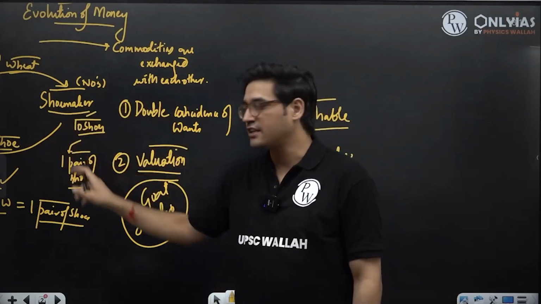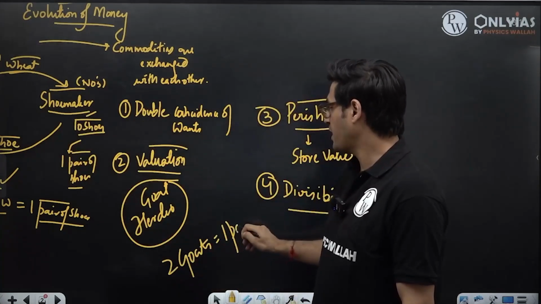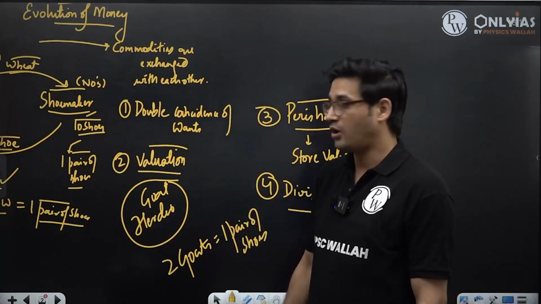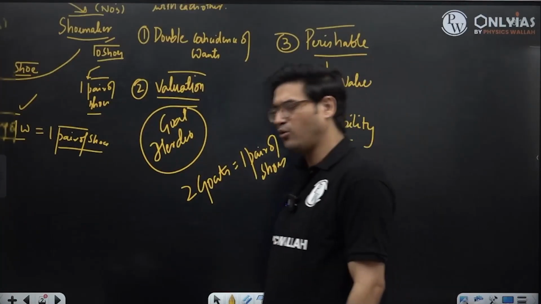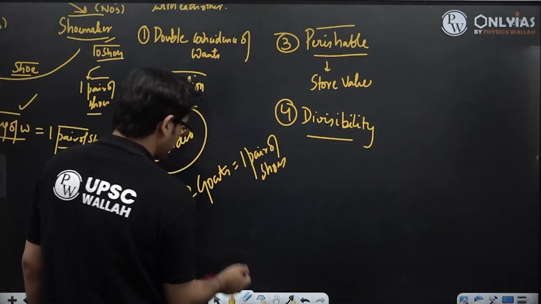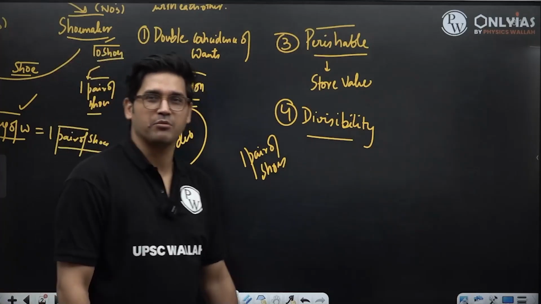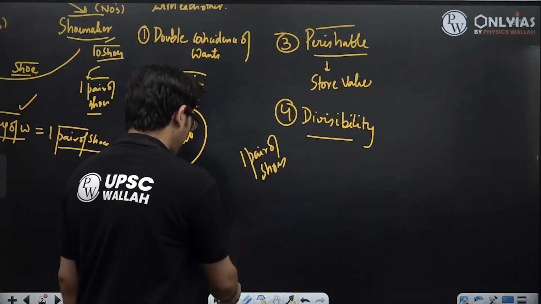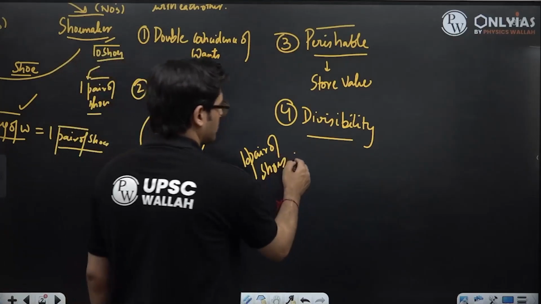If the shoemaker thinks that he requires 2 goats for 1 pair of shoes, right? Or if the shoemaker realizes that, let's say not 2, let me just say, for 10 pairs of shoes, I may require 8 goats.